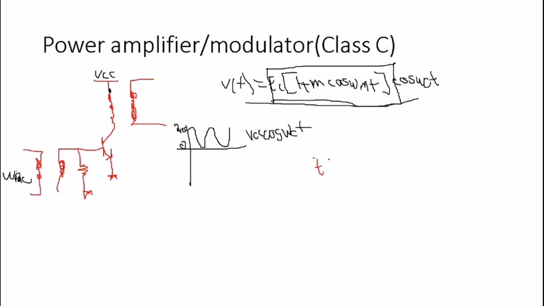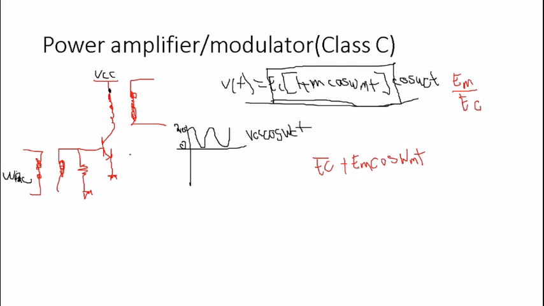So this can be translated into EC plus, obviously, this modulation index is described by EM over EC. So when we multiply this, we get EM multiplied by cosine omega m of t.